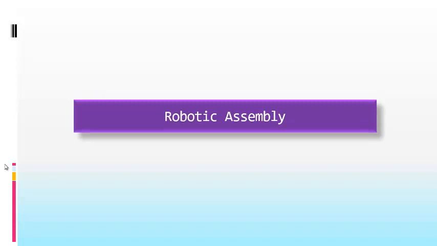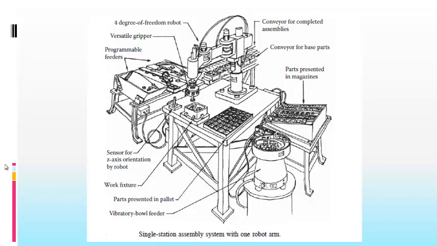Right. Now let us talk about robotic assembly. I think you have studied robotics somewhere else, so I'm not going to talk about robots, but I want to talk about robotic assembly and flexible assembly systems. Here, this is the first design station made by Stanford University for a robotic assembly machine. You find on the left a so-called belt feeder, and on the right a linear feeder and a pole feeder.